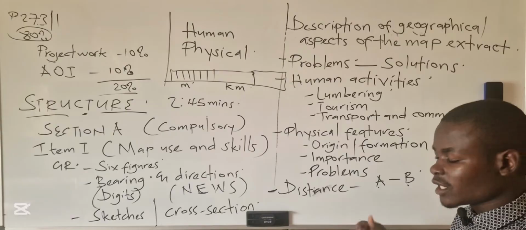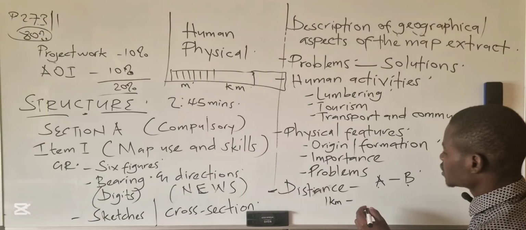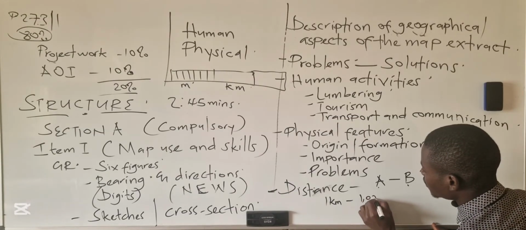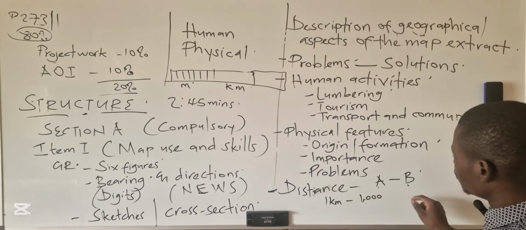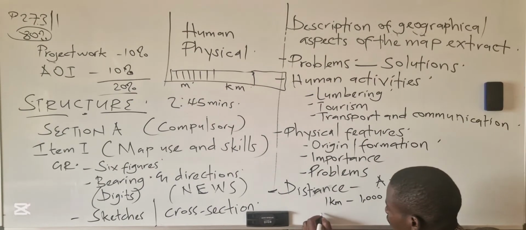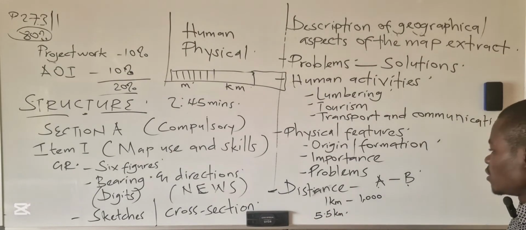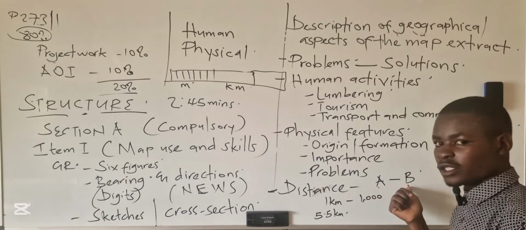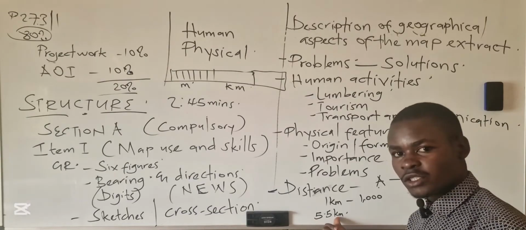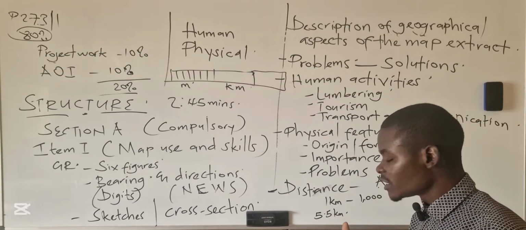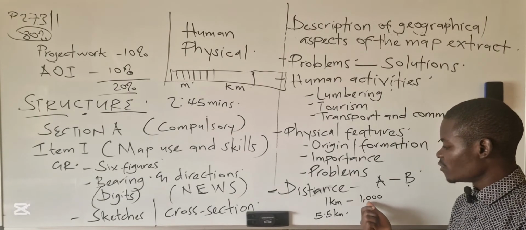Then let me say 1 kilometer costs 1,000, and you've measured a distance of, let me say, 5.5 kilometers. So this person wants to travel from point A to point B. If the distance is 5.5 kilometers, can you determine the cost of transport using this unit price of a kilometer?